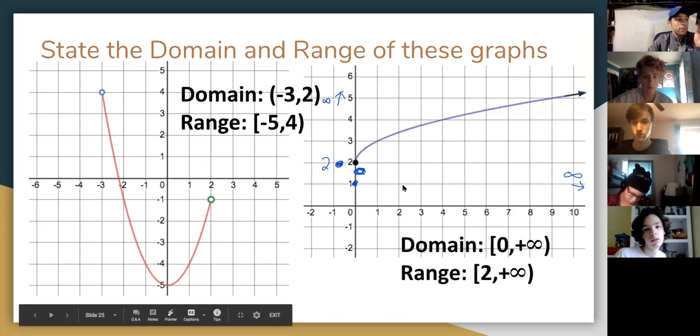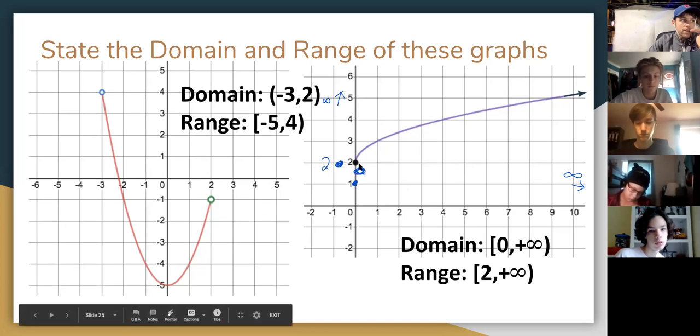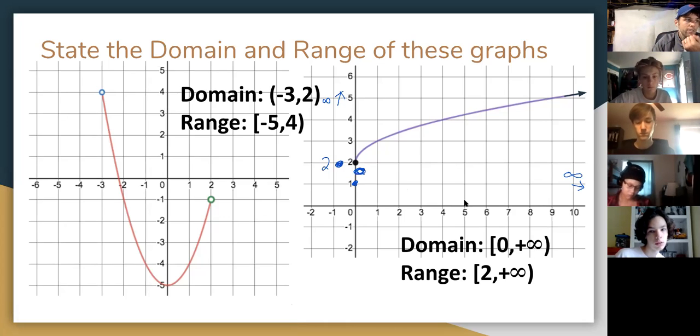So my domain is from 0 to positive infinity. You can just write infinity, or you can write a plus to indicate that it's positive infinity. You don't have to write a plus for positive infinity. It's kind of implied. But if it's going negative infinity, you do need a negative sign in front of that. And our range, our lowest is 2. And again, it's going up forever, which is positive infinity.